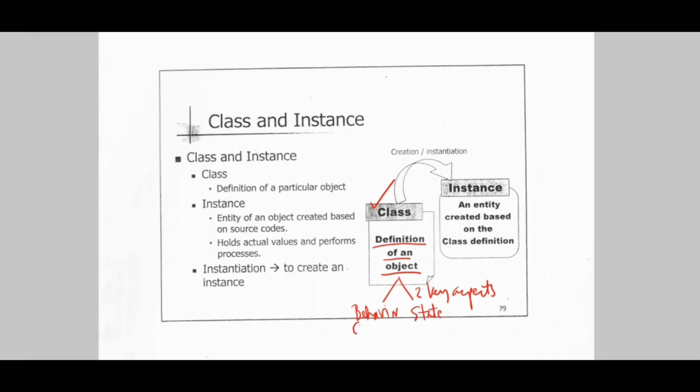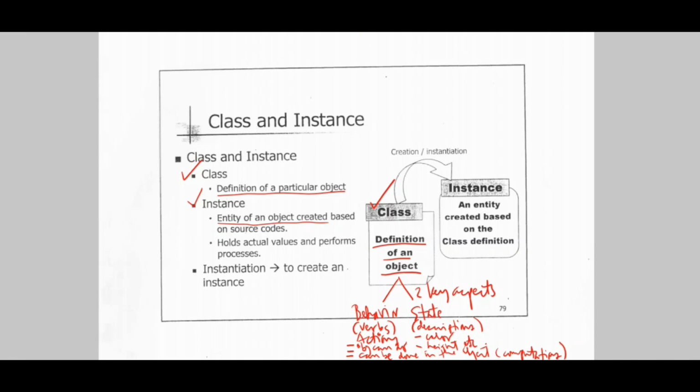So the behavior refers to the verbs or the actions, what the object can do or what can be done to the object, or what are the computations that can be done using the object. While the state of the class refers to the descriptions about the class, like what is its color, what is its height, etc.